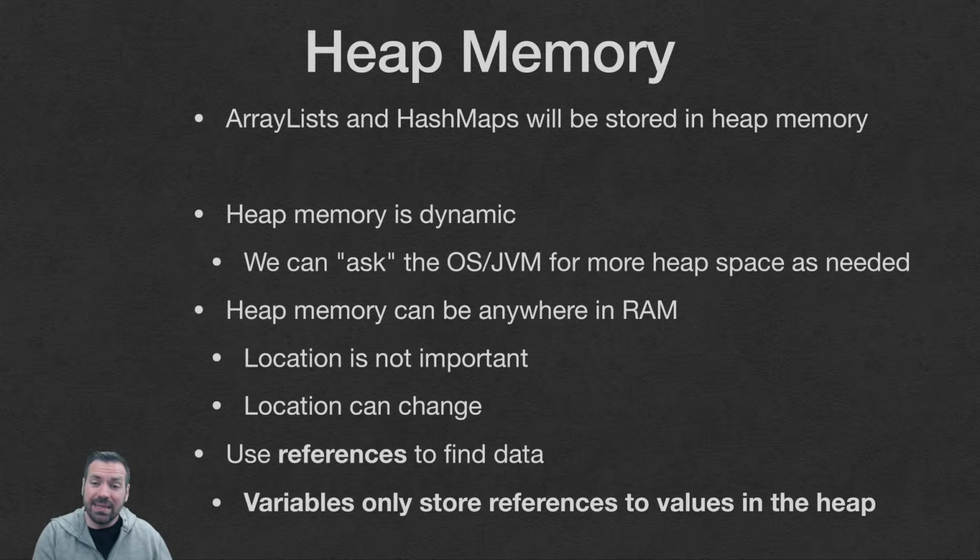And that reference is going to be our roadmap to where to find that location in memory, so we can always access that location. Because nowhere in the stack do we have some information that says, hey, we have some heap space allocated to us over here. Instead, we have a reference which will be stored in a variable which tells us how to access the heap space that was allocated to us.